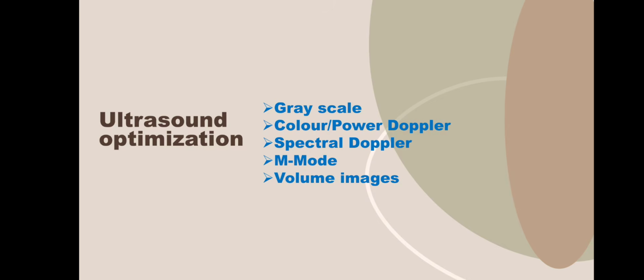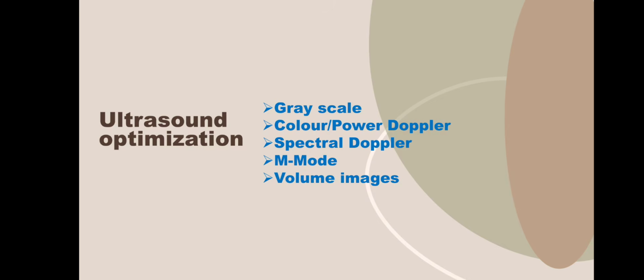Before looking at the fetus, we must optimize the ultrasound machine. Almost all structural abnormalities are first recognized on high quality grayscale images. Therefore, optimize the overall gain, adjust the depth appropriately, position the focal zone at the level of interest, and enlarge the region of interest so that the structure occupies most of the screen.